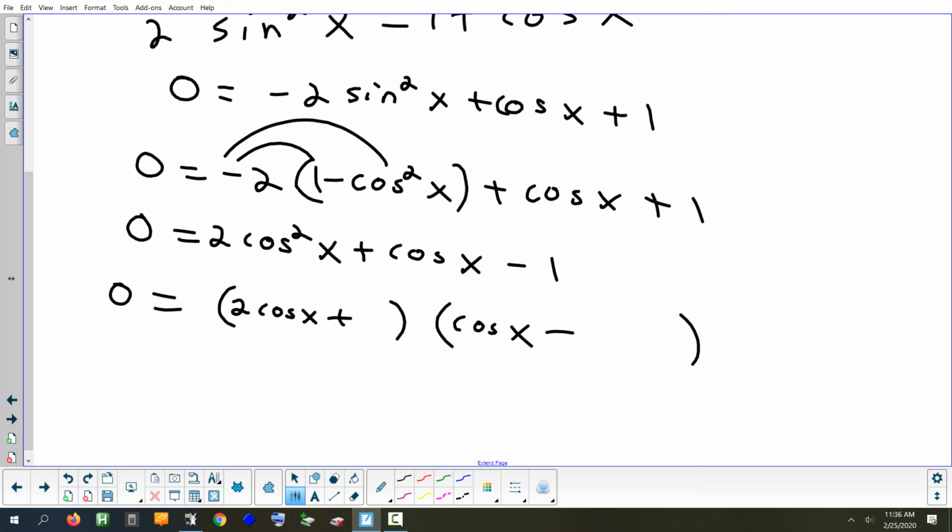And then 2 numbers that multiply to give me 1. 1 and 1. Let's check it. 2 cosine times -1 is that. 1 times cosine is that. If you combine a -2 and a +1, do you get what I have right there?